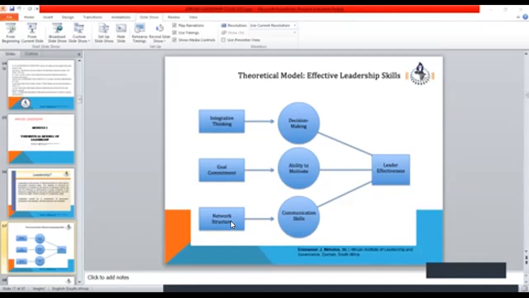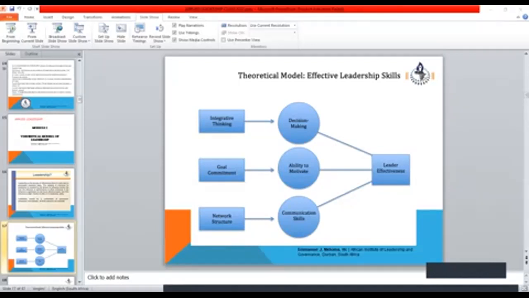Number 3, network structure. I will speak a little bit on the network structure at some point. But when we speak about your network structure, we must look at it from a company level or a management level.